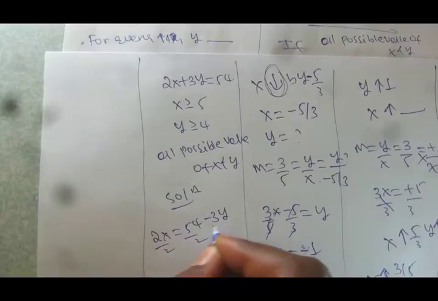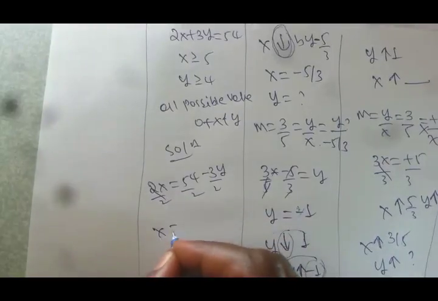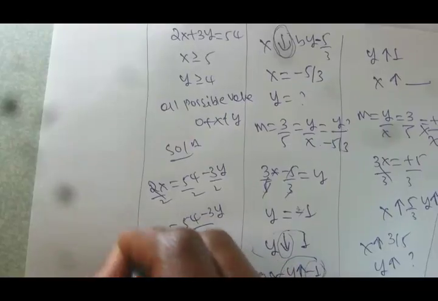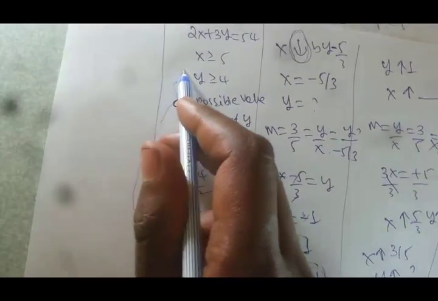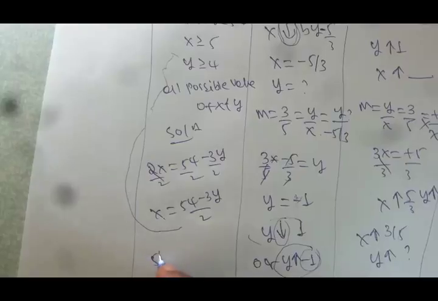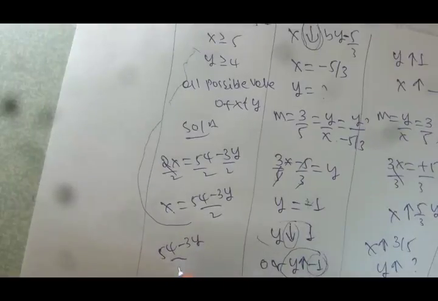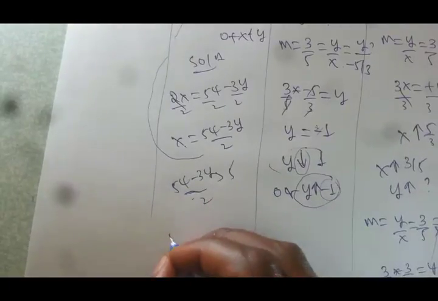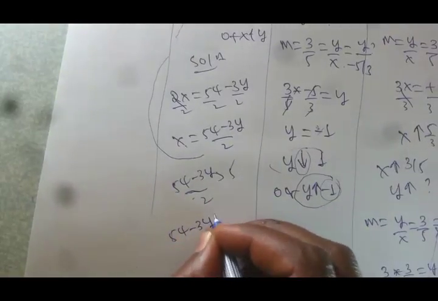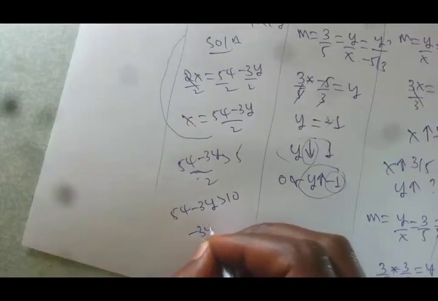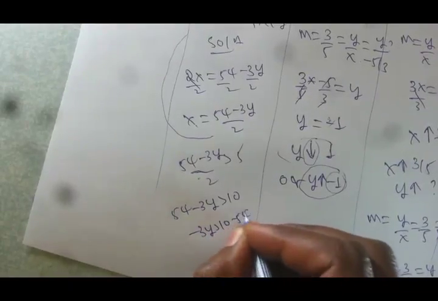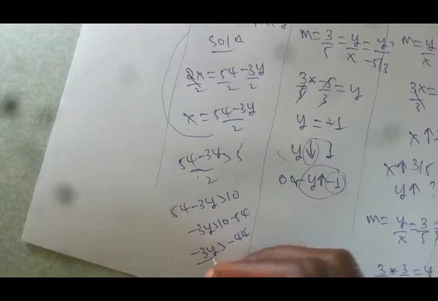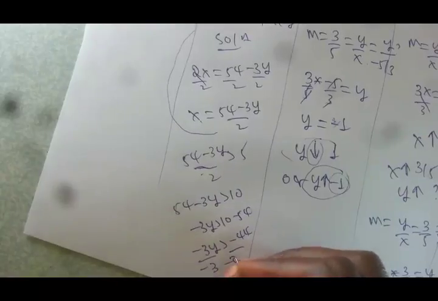Therefore the value of x will be (54 minus 3y) over 2. Let's put this in the inequality: (54 minus 3y) over 2 is greater than or equal to 5. Therefore 54 minus 3y is greater than or equal to 10. Minus 3y is greater than or equal to 10 minus 54. Minus 3y is greater than or equal to minus 44, and we divide by minus 3.